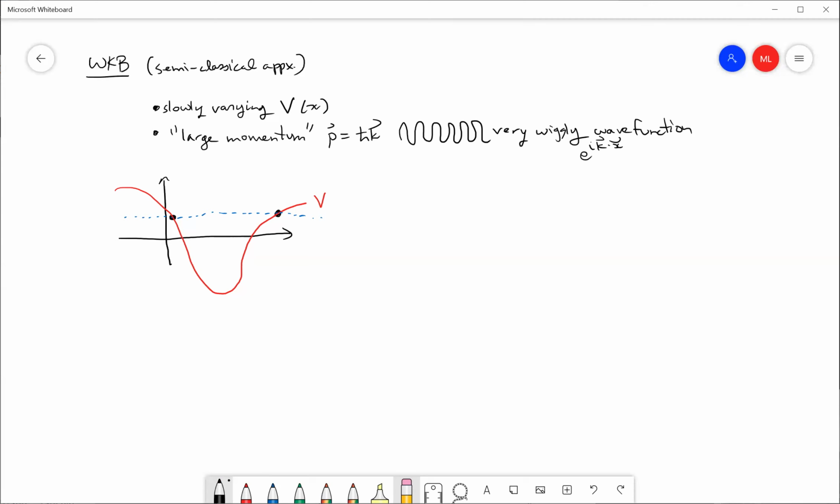So in here is the classically allowed region, and here it's classically forbidden. And the wave function in here, if it's a particle with large momentum, is going to be a very wiggly wave function.